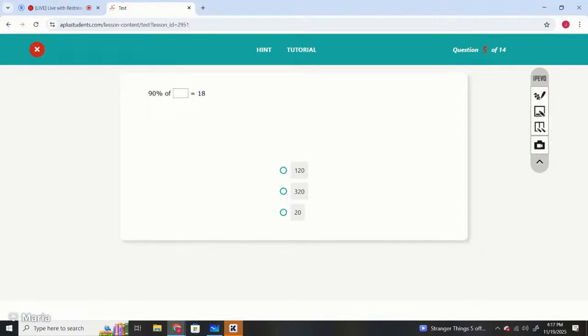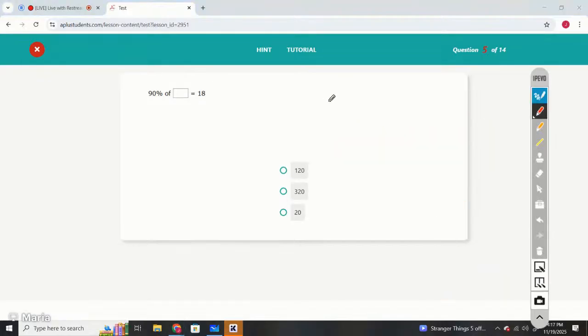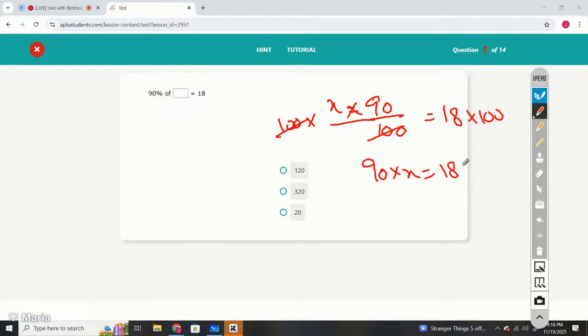90% of what number is 18? We need to find the whole number. 18 is the part of that whole number. So 90% of the number is 18. So just multiply both sides by 100. Now divide both sides by 90 because we need to solve this equation for x only. So 20 it is.